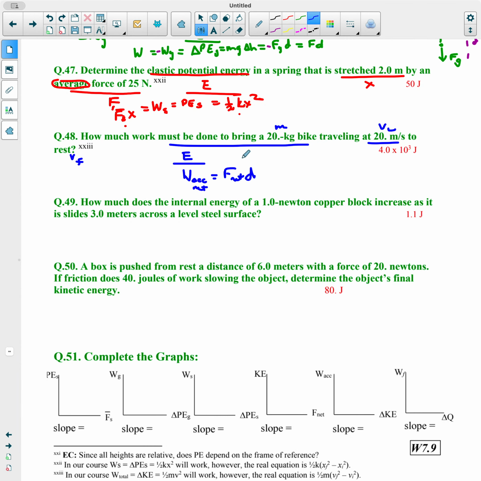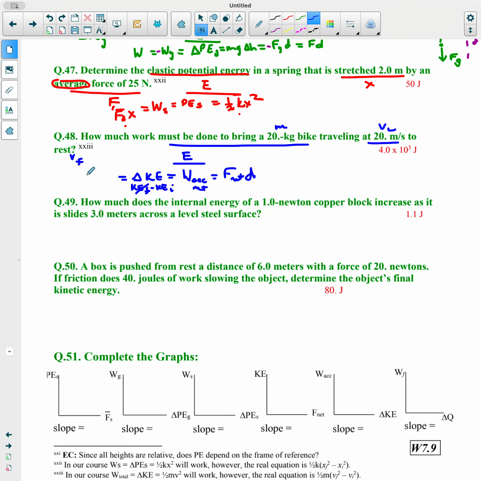So I'm going to get W with M and V. Oh, yeah, you are. Because W also gives you the work to accelerate, gives you the change in KE. And in this case, change in KE, which is, of course, KE final minus KE initial. KE final, it ends at 0, so you don't have to worry about that.